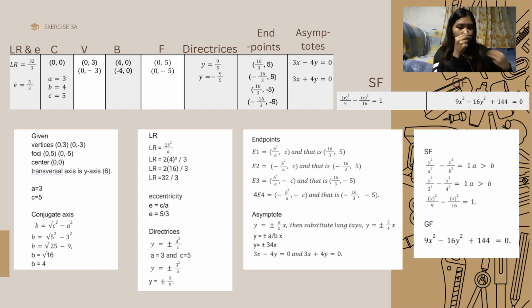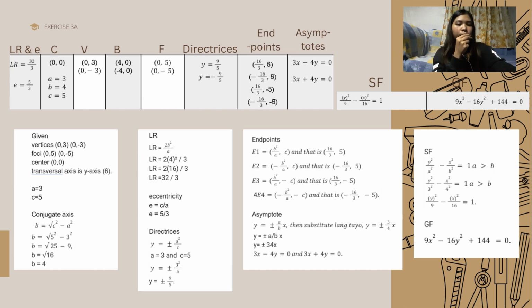So, substitution lang ulit. So, since yung value ng b natin is 4, and yung value ng a natin is 3, that will be 2 times 4 squared over 3. So, 4 squared is 16. So, times 2, that is 32 over 3. Therefore, our LR is equals to 32 over 3.